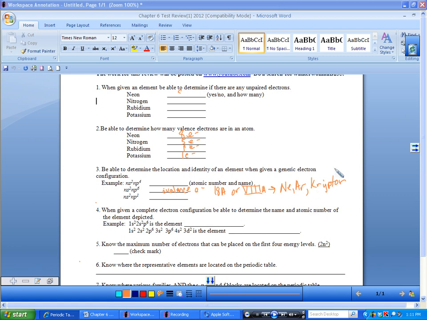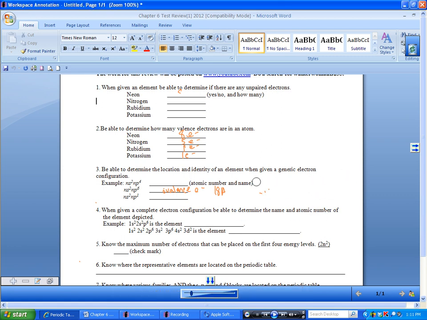Then I look at this next one. It says S2 P1, so that means I'm looking at 3 valence electrons. 2 plus 1 is 3 valence electrons.